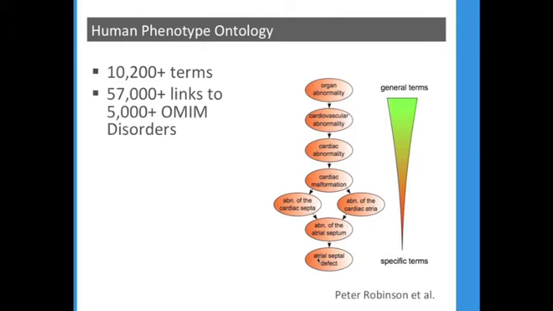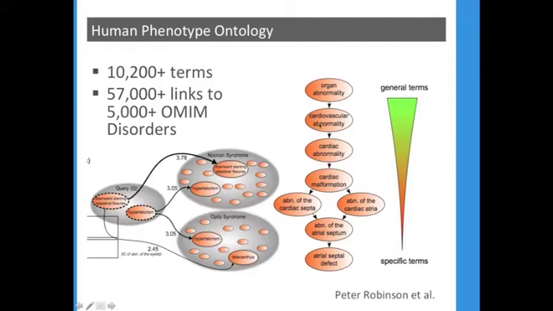The great thing is these phenotypes are not just linked to each other in terms of this hierarchy from general to specific, but they're also linked to OMIM, the main database of genetic disorders. So from a particular set of phenotypes, it's possible to ask how similar that set is to a specific known OMIM disorder.